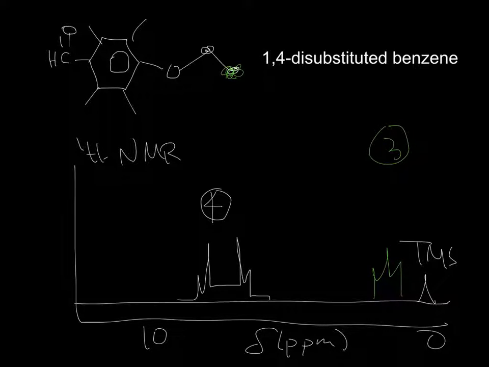So we only have 2 left. We have the methylene group, the CH2 group, and we have the aldehyde hydrogen that's left. Which one is going to come next closest to the TMS, the CH2 or the aldehyde? The CH2.